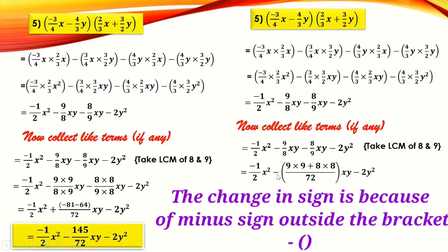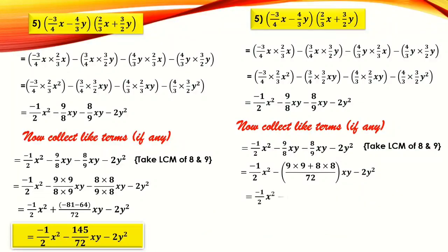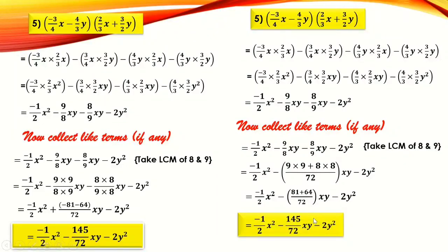So I have taken this minus common, I have put the bracket, and then I'm solving it. So this sign has got changed. Please be careful while dealing with the signs. That is the only mistake you make in your notebook or in your exam. So now you know how to do this. This is very easy now. And the same answer you're going to get. There will be no difference in the answer, right?